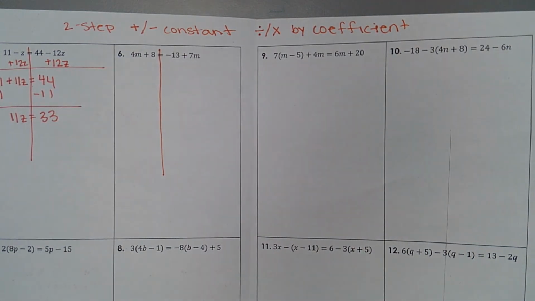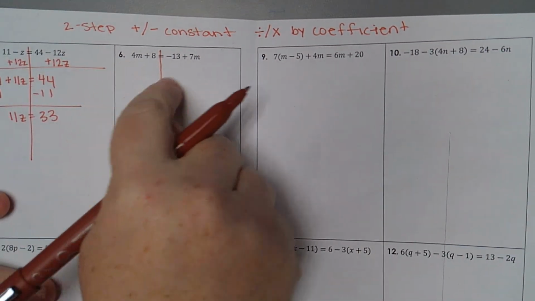Remember, you do the opposite of whatever is happening. So if it says negative 24, negative 21, the opposite of negative 24, 21 would be a positive. So you do the opposite of whatever it tells you to do to undo it.